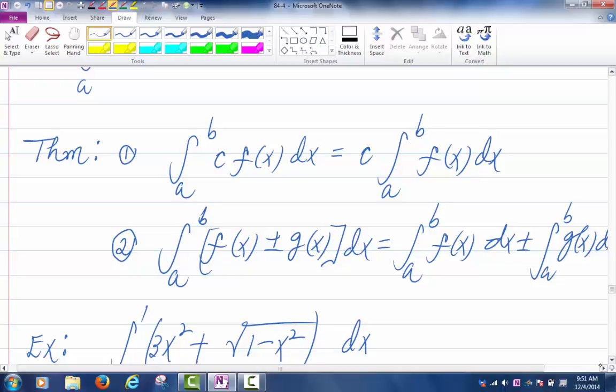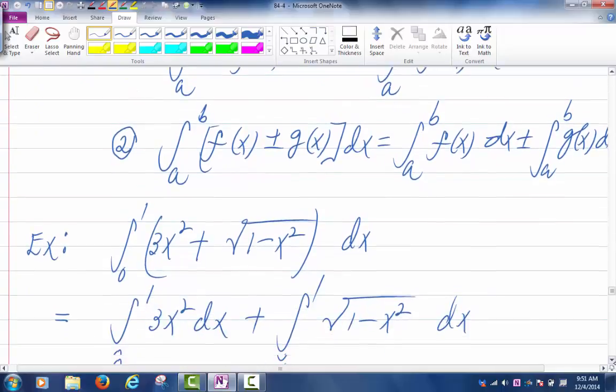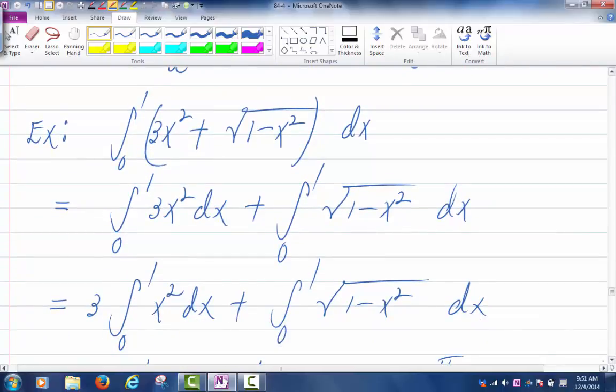To show you why these two rules are important, most people will use these two rules without even realizing what allows them to do that. For example, if I have this integral from 0 to 1 of 3x squared plus the root of 1 minus x squared, what can I say?